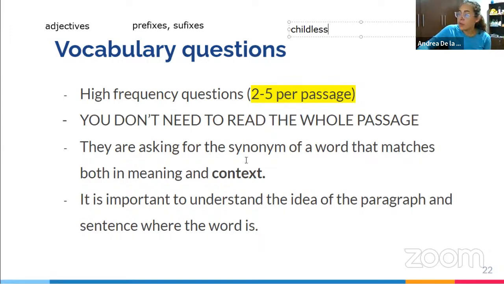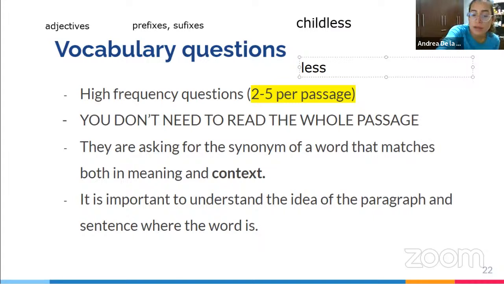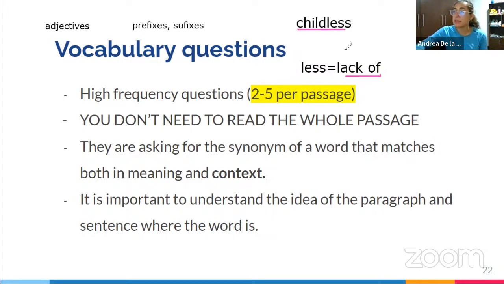And if you guys know that the meaning of less is the lack of something, because that's what the suffix less means, then if I say, this woman is childless, that means that this woman doesn't have any children. There's a lack of children, right? This home is childless. They don't have any children, right?